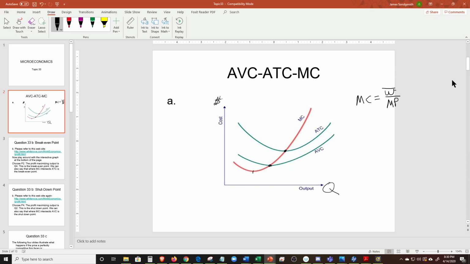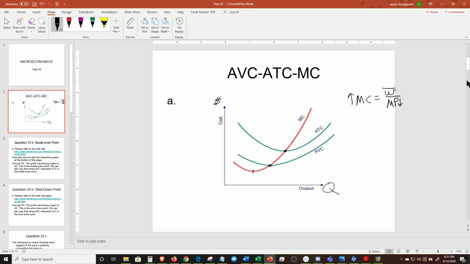We'll just put a line over it to show it's constant, while marginal product was falling, diminishing marginal product, diminishing returns. And you can see that this mathematical relationship would imply that the marginal cost is rising. So the marginal cost rising here is due to diminishing returns, okay?